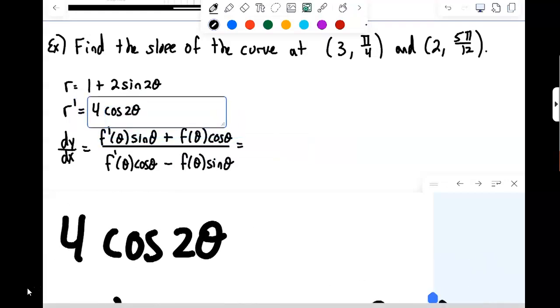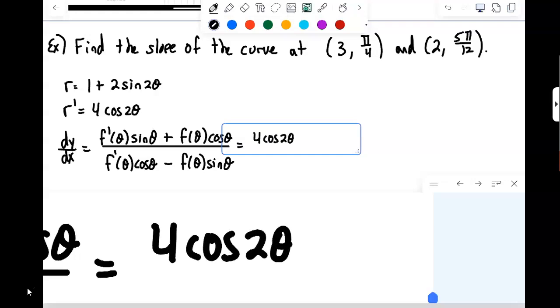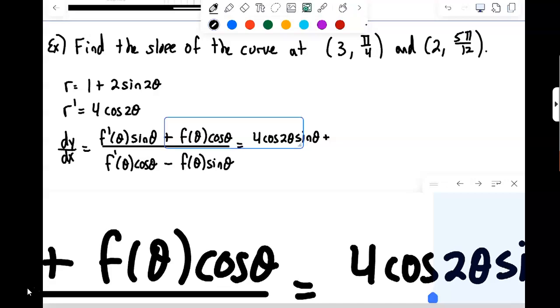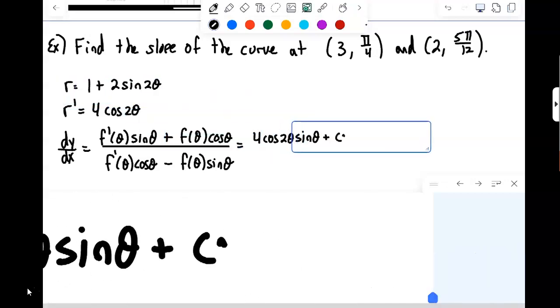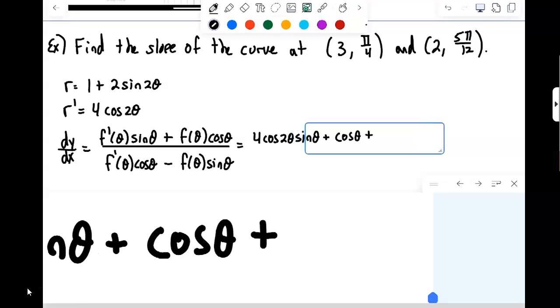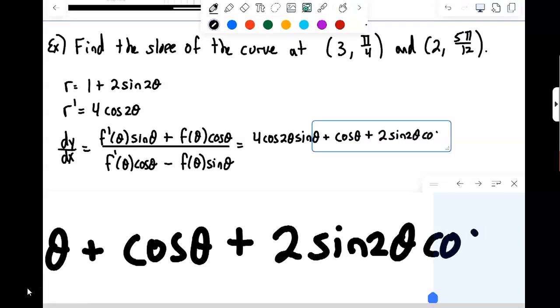And so that's going to be f prime times sine. So 4 cosine 2 theta times the sine, plus f, this stuff, times the cosine. So that would be plus cosine theta plus 2 sine 2 theta cosine theta.